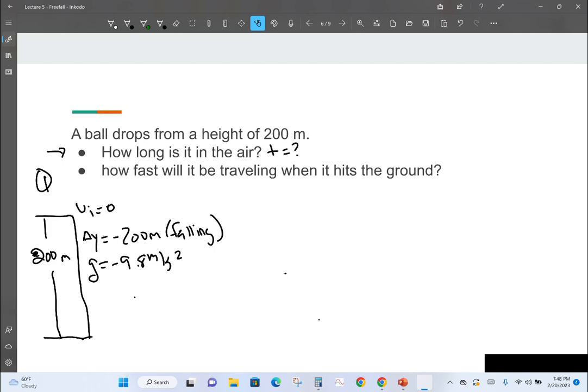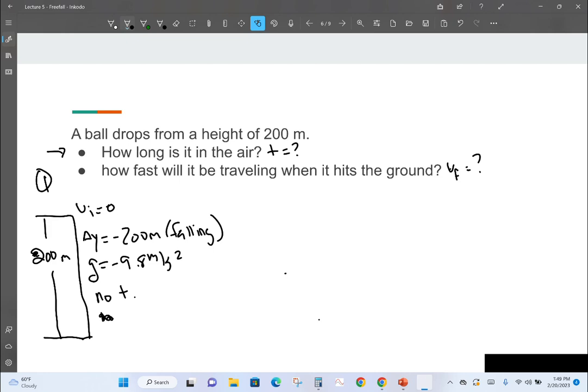So now, instead of finding T, I want to know the VF, and I have no T. Now you can say, well, Miss Knight, I just found T to be 6.39. Try not to use something that you've calculated, if at all possible. It's much better for you not to.